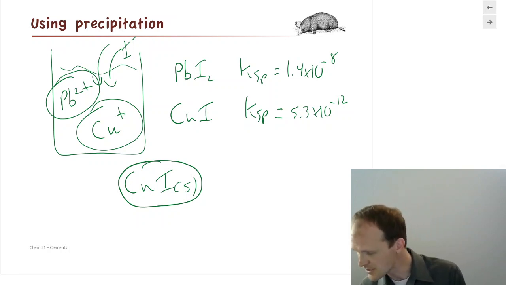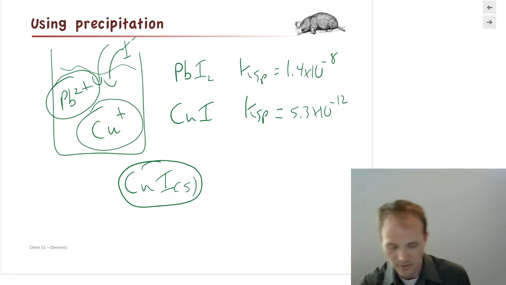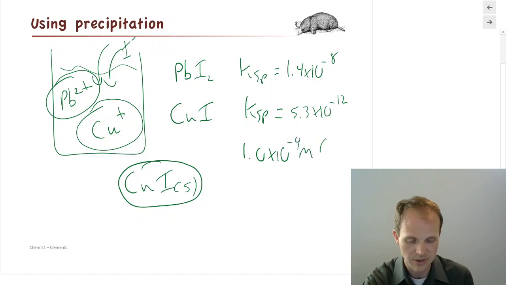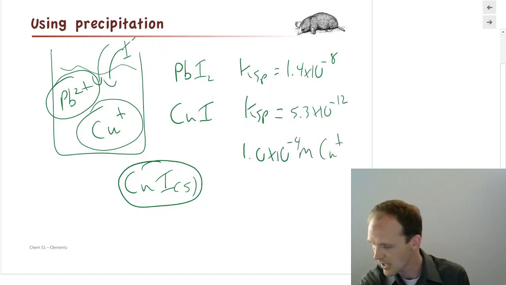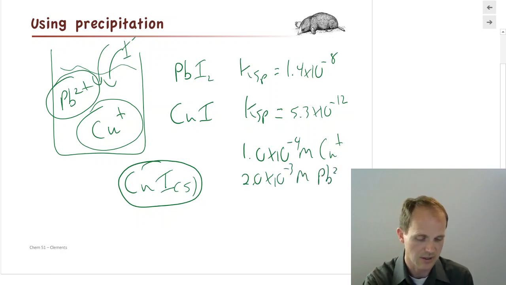So let's do an example. Let's have a solution where we had 1.0 times 10 to the minus 4th molar copper, and we had 2.0 times 10 to the minus 3rd molar lead 2+.